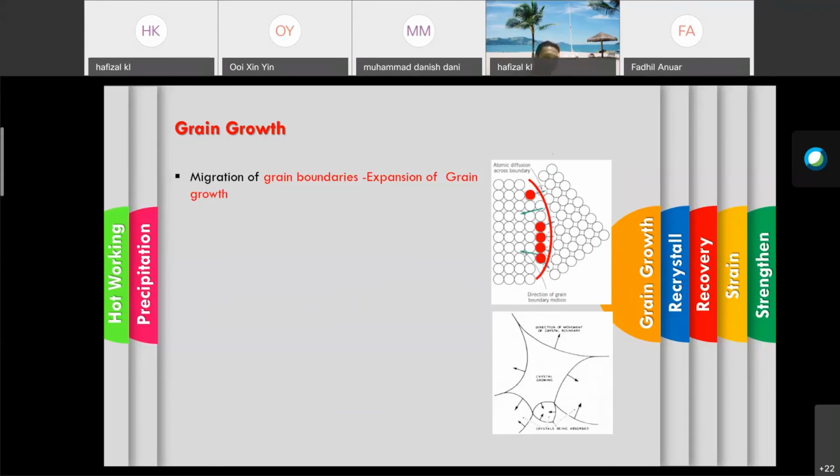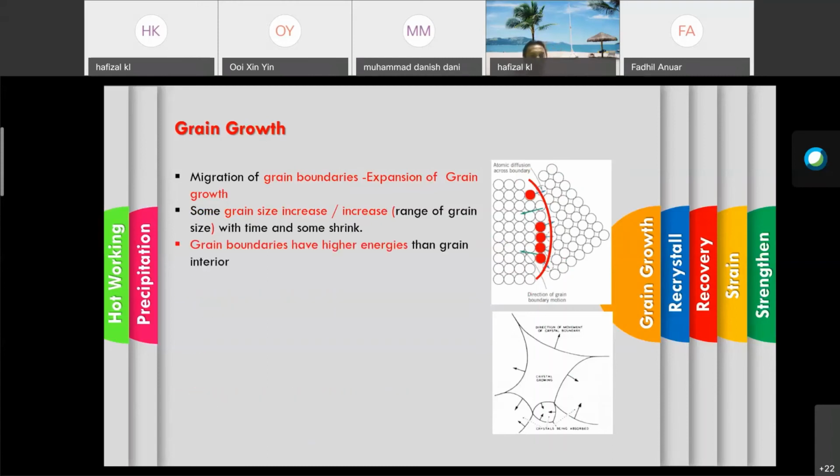Diffusion takes place whereby the grains start to increase. The increase of the grains according to the grain boundaries happens during the diffusion process. And we can see some of the grain boundaries start to shrink and some of the grain boundaries start to get bigger.